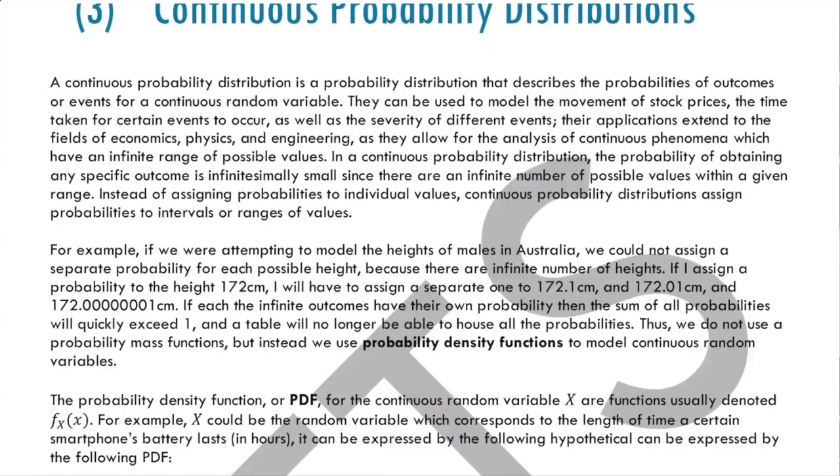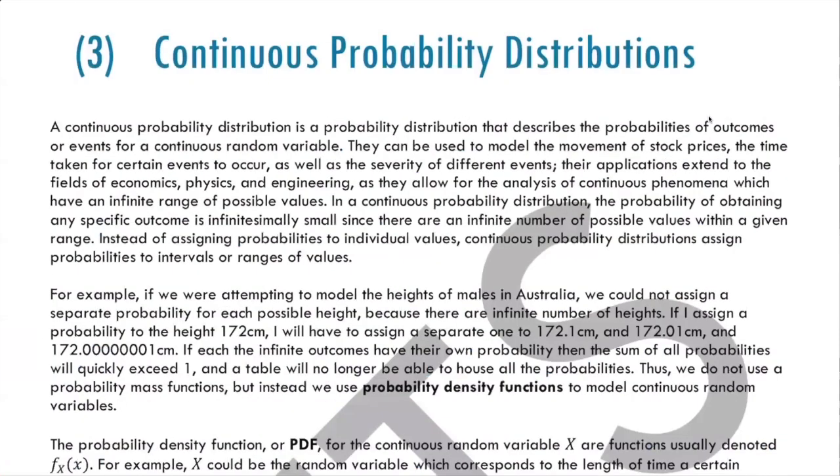A lot of words, but it's all important. So a continuous probability distribution is a probability distribution that describes the probabilities of outcomes or events for a continuous random variable. They can be used to model the movement of stock prices, the time taken for certain events to occur, as well as the severity of different events. Their applications extend to the fields of economics, physics, and engineering, as they allow for the analysis of continuous phenomena which have an infinite range of possible values.